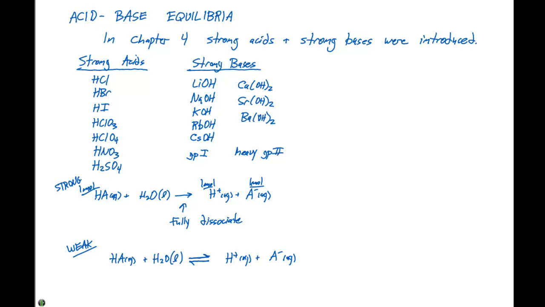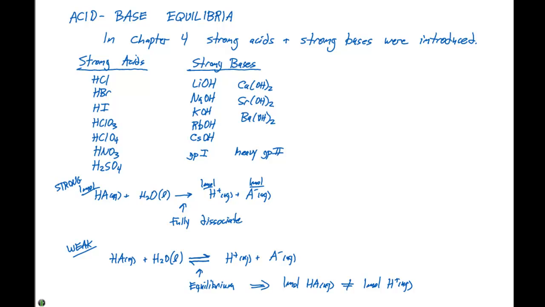And we studied equilibrium in the last section, and we can't introduce weak acids and weak bases until we understand what that equilibrium is. So since we have an equilibrium, 1 mole of HA is not going to equal 1 mole of H+ or 1 mole of A-.